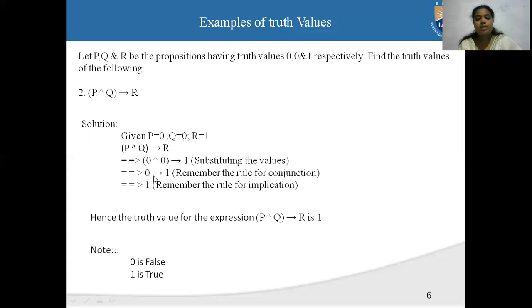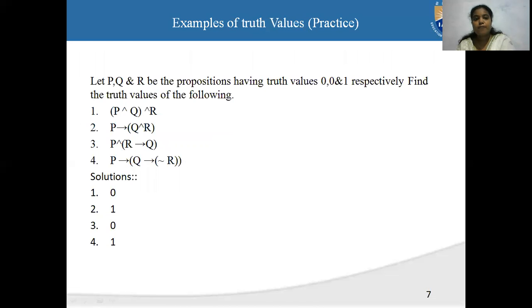What is a conditional statement? True follows false, then it is false. Otherwise it is true. True means 1, so the given expression value is 1. Here 0 is false and 1 is true. Like that, put 0 and 1 values into these four expressions and observe whether these are the correct solutions or not. You have to practice.